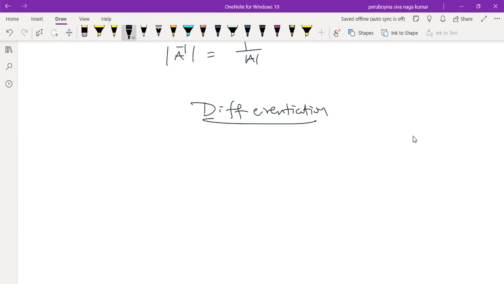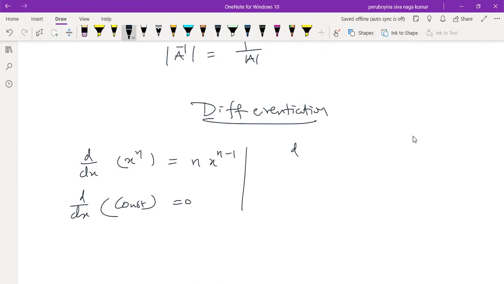Differentiation. The basic formulas are d by dx of x power n is equal to n into x power n minus 1. And you know that d by dx of a constant is 0. And d by dx of x is equal to 1. D by dx of x square is 2x.